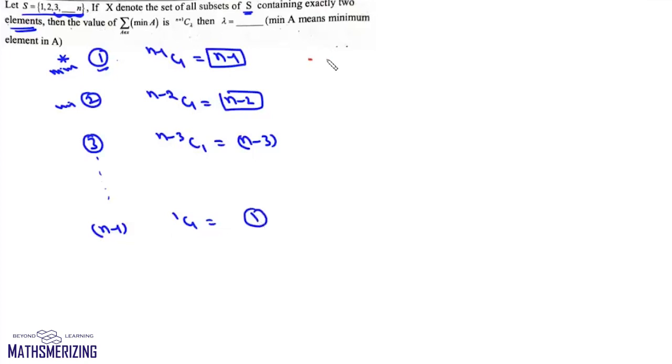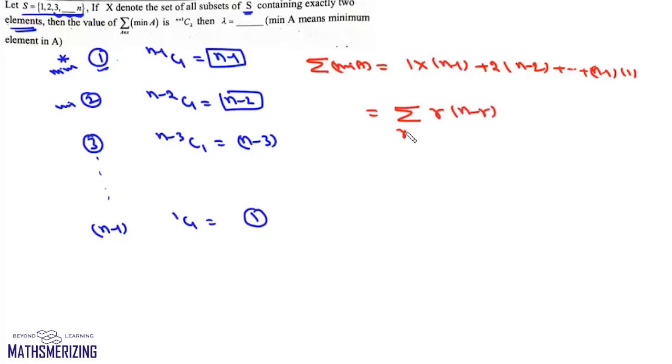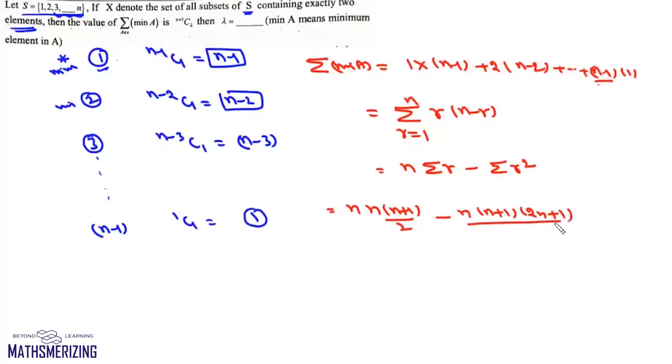So the sum of all the minimum values in these subsets will be 1 into n minus 1, 2 into n minus 2, up to n minus 1 into 1, which is nothing but the summation of r into (n minus r), where r varies from 1 to n minus 1, or we can also take up to n because n minus n is 0. So it will be n into the summation of r, minus the summation of r squared. Now this is n into n(n plus 1)/2 minus n(n plus 1)(2n plus 1)/6.